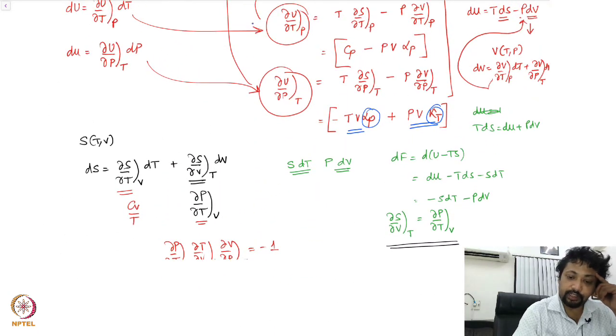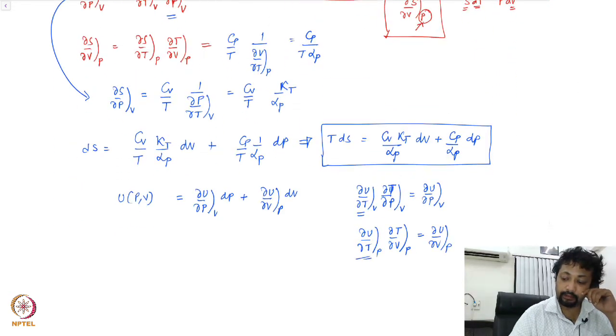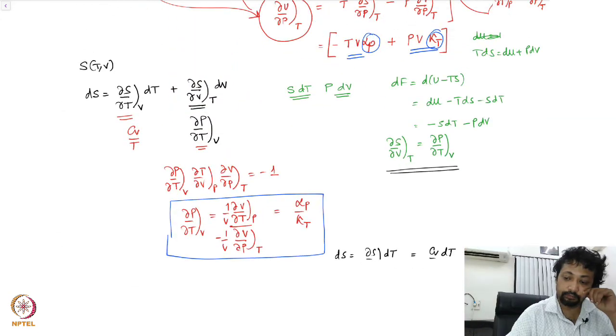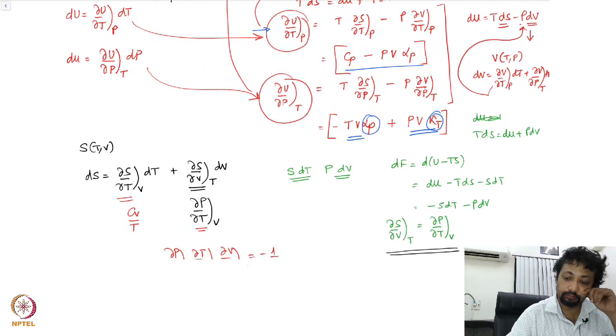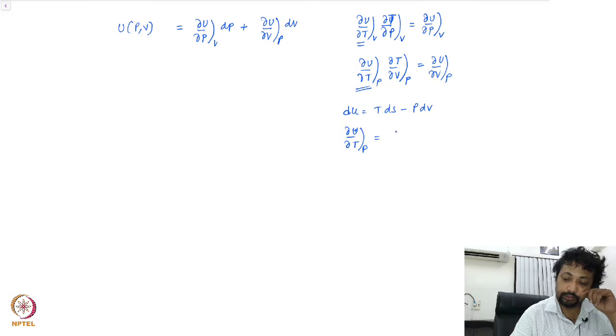Yeah, del u del t pressure constant is right over here. It is Cp minus Pv alpha p. So this is Cp minus Pv alpha p.